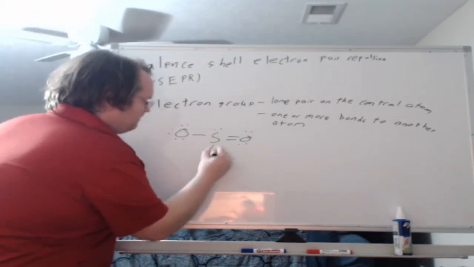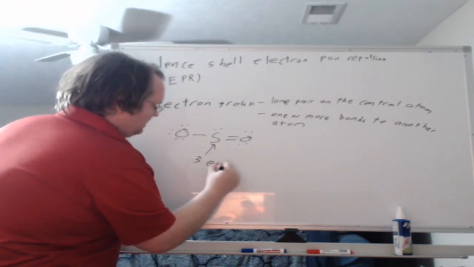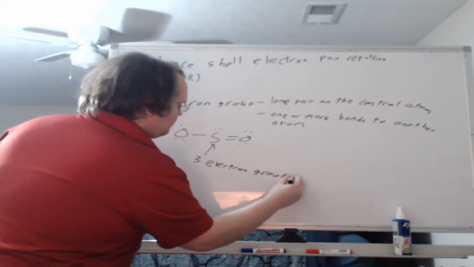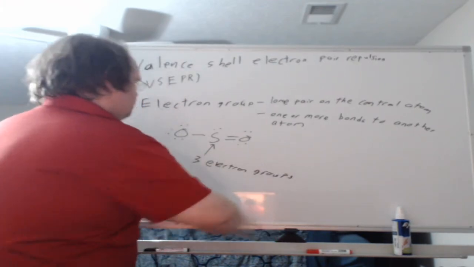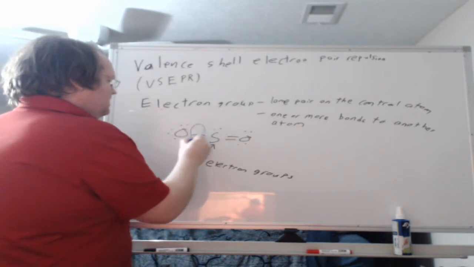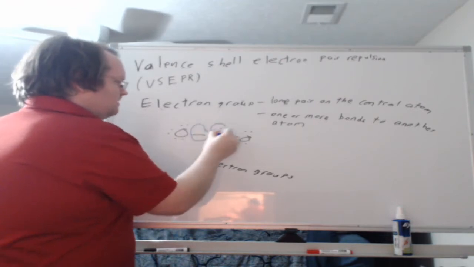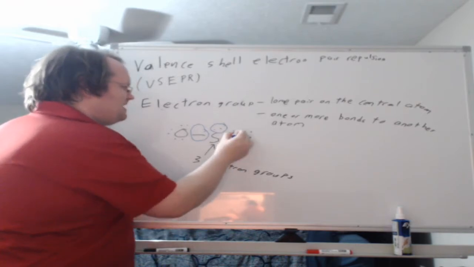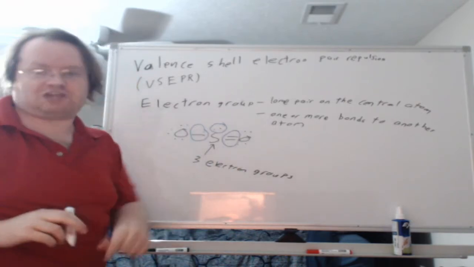This atom has 3 electron groups. We have this single bond here, that's 1. This lone pair here, that's 2. And then you have this double bond here. We count that as 1 electron group.